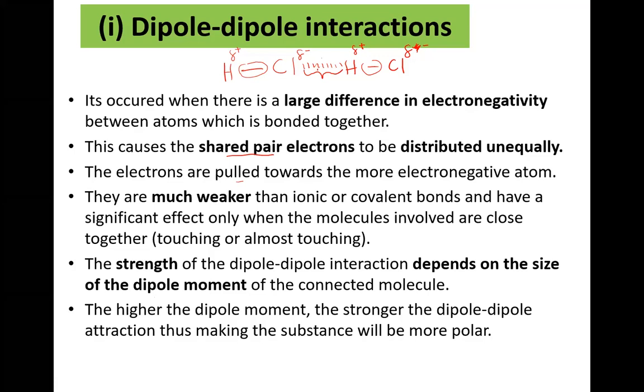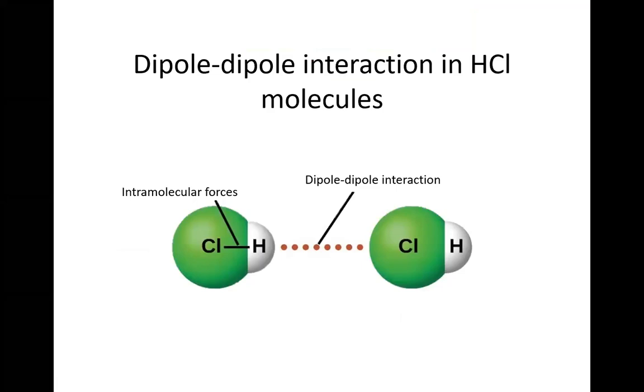The bigger the dipole moment, the more polar the bond, and the strength of the dipole-dipole interaction will increase. This is the dipole-dipole interaction in the HCl molecule, between the molecules.